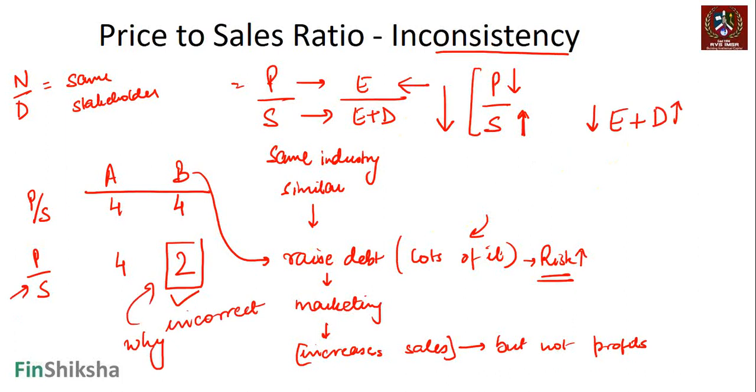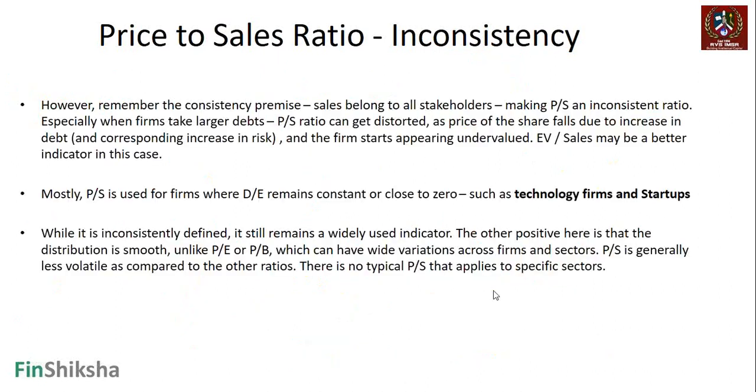We will look at a ratio that might help us solve this scenario, but at this point of time, it suffices to say that price to sales does not work in all sectors, especially sectors where there is lots of debt, right? So remember the consistency premise. Sales belongs to all stakeholders, making price to sales an inconsistent ratio, especially when firms take larger debts.